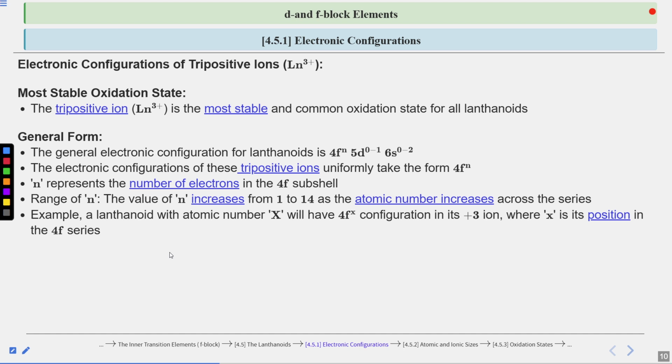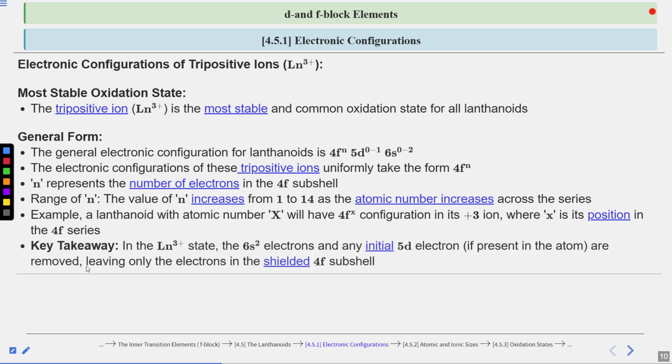Okay, so the key takeaway here is that in the Ln3+ state, the tri-positive state of the lanthanoids, the 6s2 electrons and any initial 5d electrons, if present in the atom, are removed, leaving only the electrons in the shielded 4f subshell.